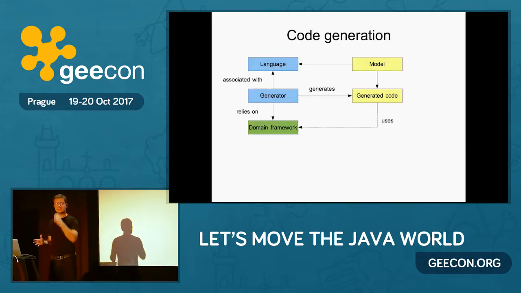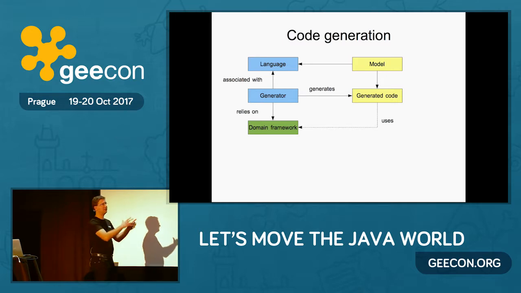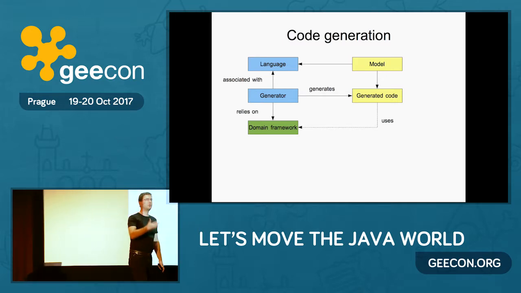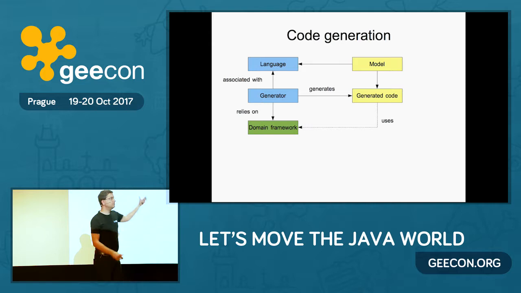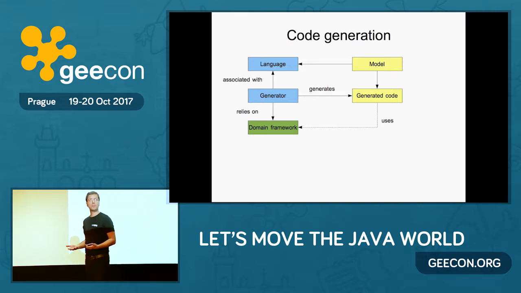So, schematically, you've got a language that someone prepares and wraps in an IDE, and users then use that language to build models, descriptions of a solution in that language. And then you've got generators which grab that model and generate some output, some generated code which you can run or deploy somehow.